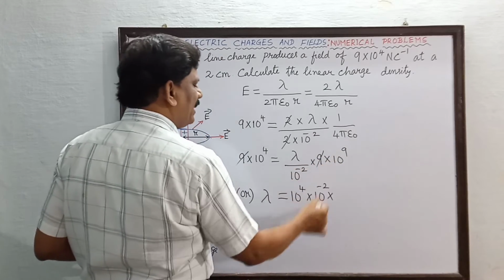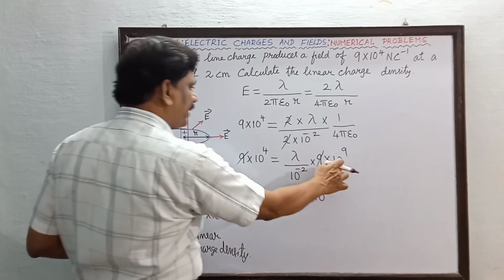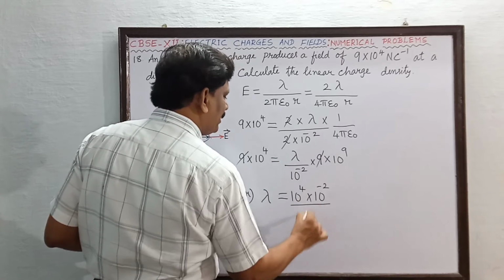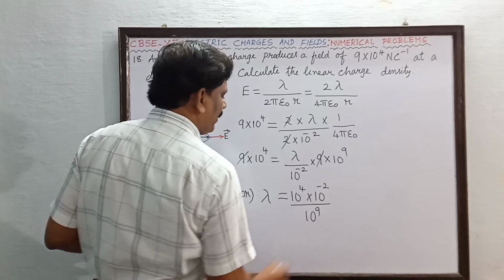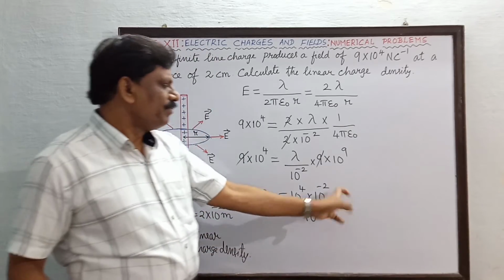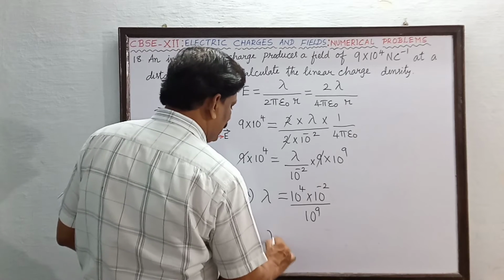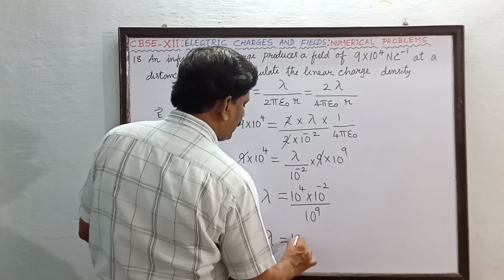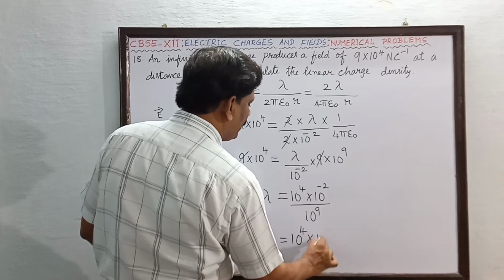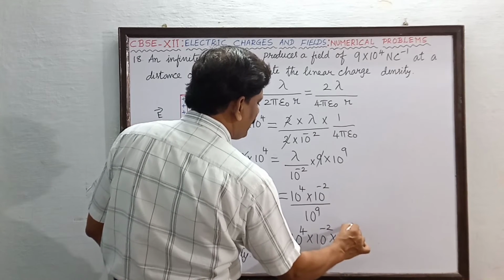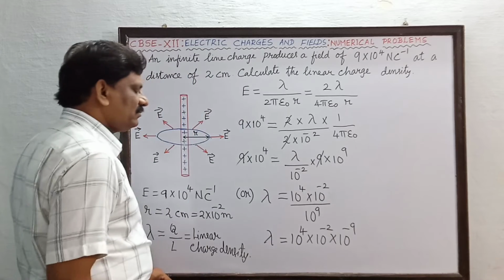This 10 power 9 is coming to the denominator, so it becomes 10 power minus 9. So lambda is equal to 10 power 4 multiplied by 10 power minus 2 into 10 power minus 9.